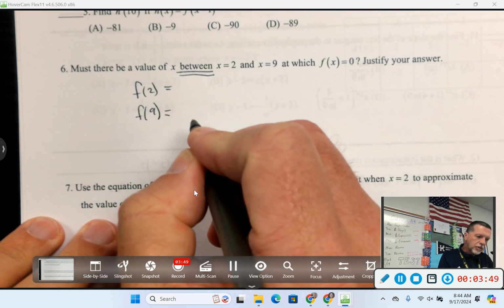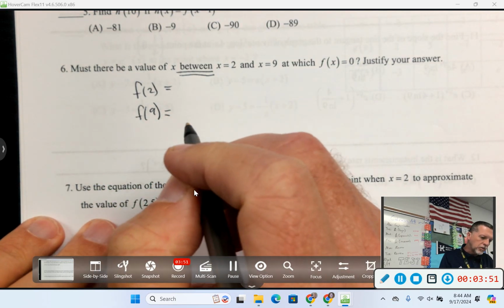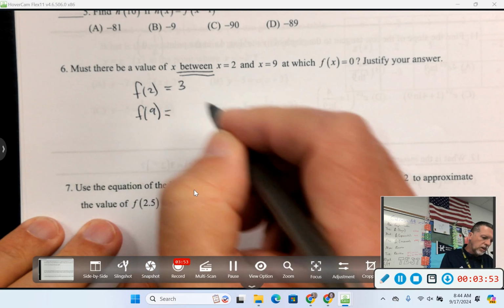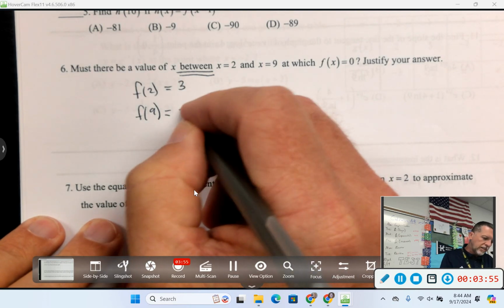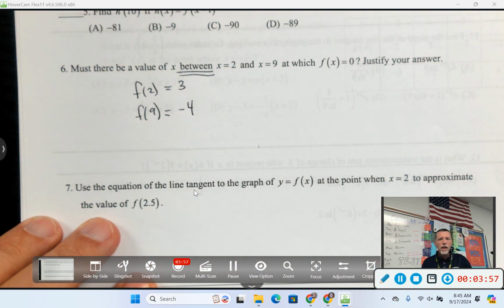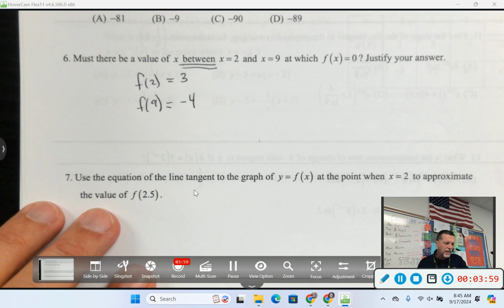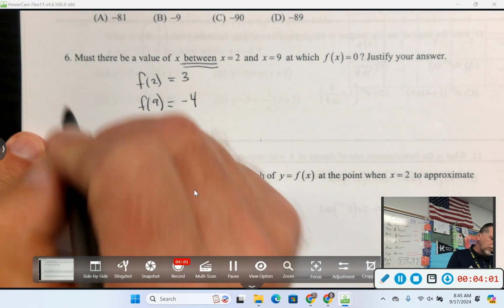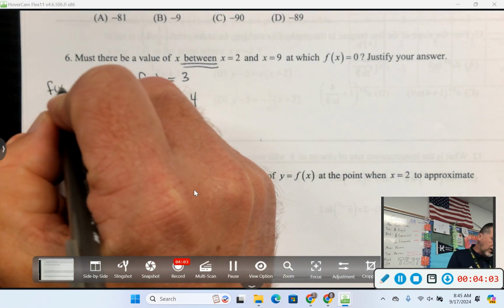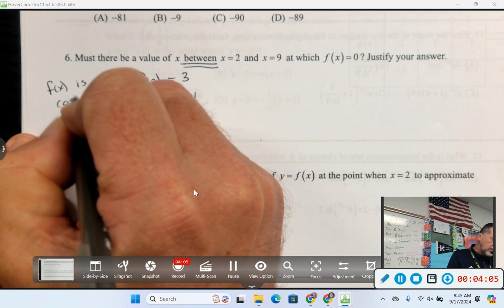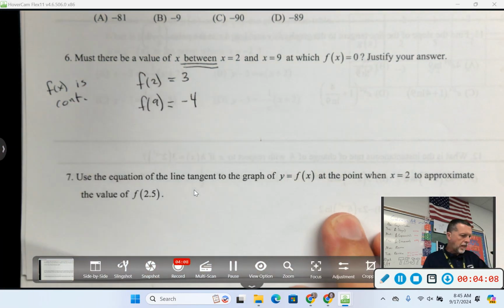Let's see, f of 2, I'm looking up at the table still. F of 2 is 3. F of 9 is negative 4. And I can't make the conclusion yet because the first part of IVT that I sort of left off, I have to say that f of x is continuous. I knew that.